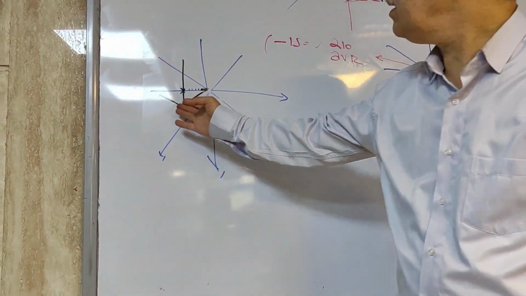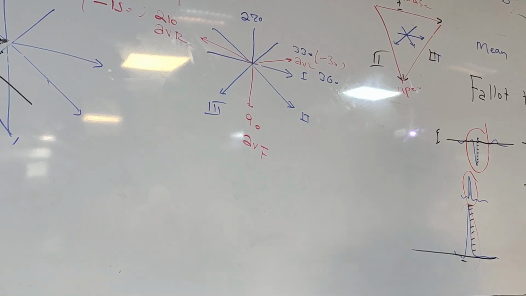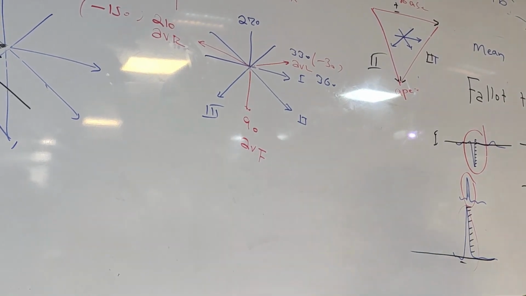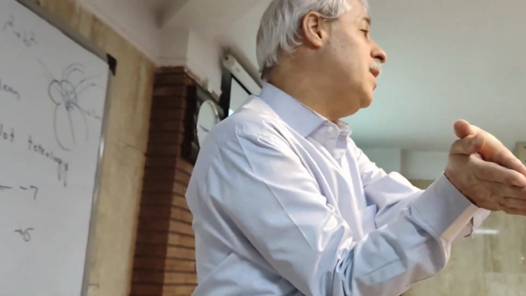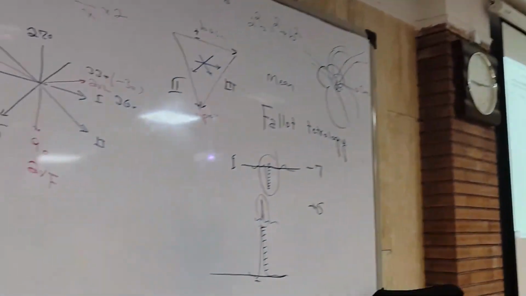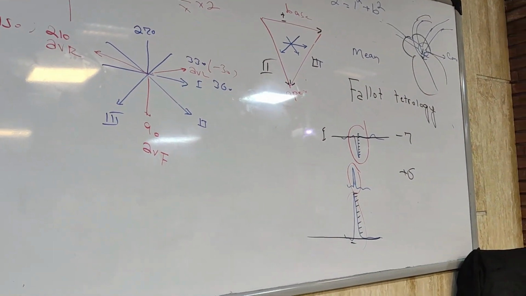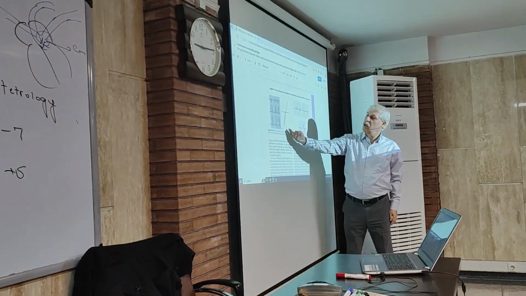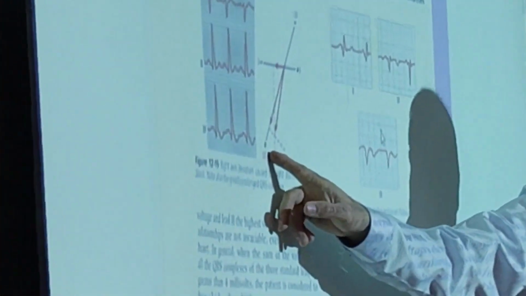How much is the axis here? Plus 135, which is more than 110, meaning you have an axis deviation, right axis deviation. Left axis deviation, see, take a look at the picture. This is the same as I have done here. This is right axis deviation.